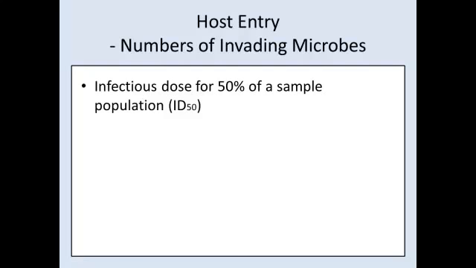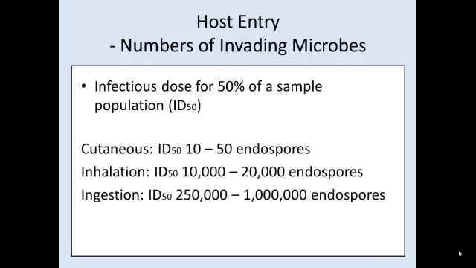So the question is, if you have this cloud of millions of spores, probably billions, and by the way, when I say spores, I mean what? Endospores. When you're in this cloud of probably billions of anthrax endospores, why didn't most of the people get respiratory anthrax? Well, here's the answer.